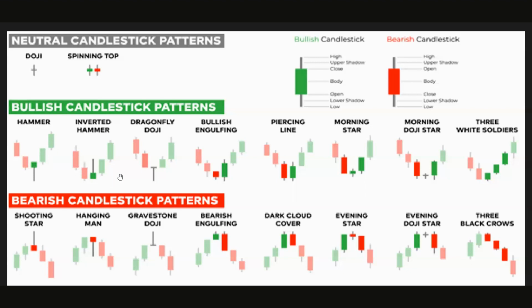This dragonfly doji is another example of that as well. It's an even more powerful example because it's literally pushed the price all the way up to a point where there isn't even any green at all. So dojis are, like I said, very powerful for identifying trend reversals.